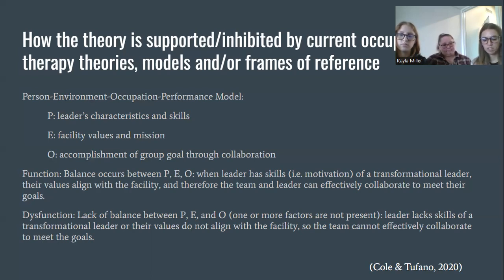An example of this is if the environment lacks the resources that are needed to complete the goals, that could result in dysfunction. Another example is if the social interactions aren't there, whether it be from the leader, which would be the P, or even the whole social environment, which would fall under the E part. If there's any imbalance, it's considered dysfunction and it's not really going to be effective.